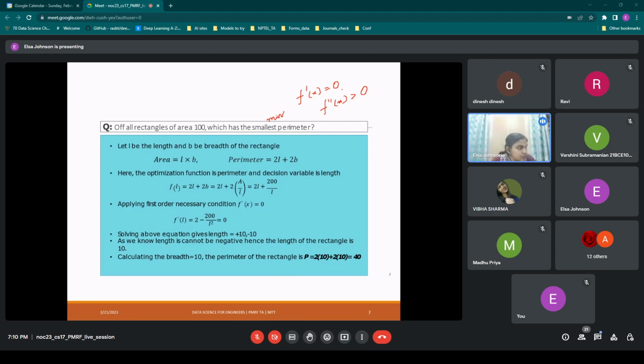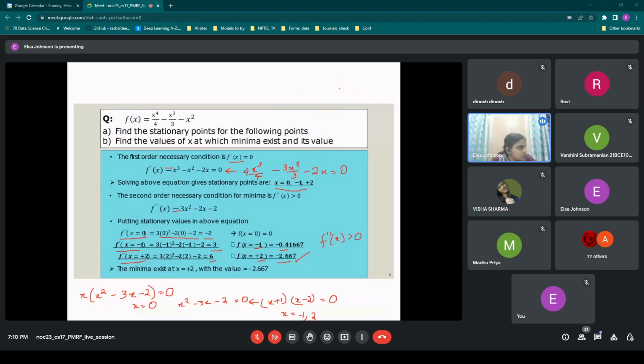Kavita, why have you put f of x less than 0? Okay, Ram, is minus 1 not the solution? Why are you telling? Okay, okay. So there is a problem.